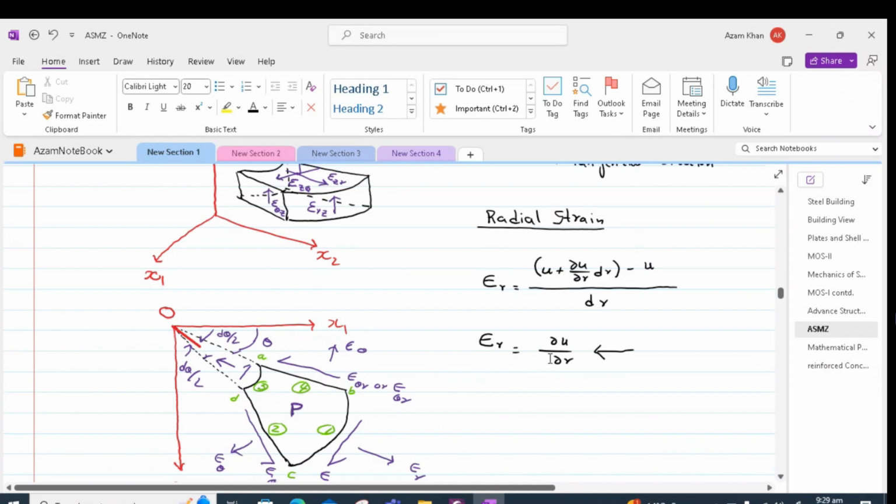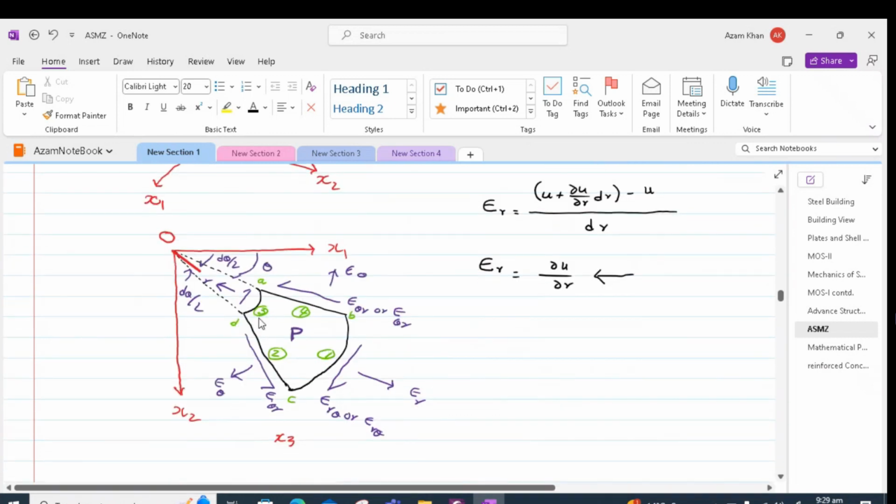Imagine we have a bar of length L and we are pulling that bar. As we move along the bar, there is a change in displacement because of the strain developing in the bar. A similar idea can be applied over here.